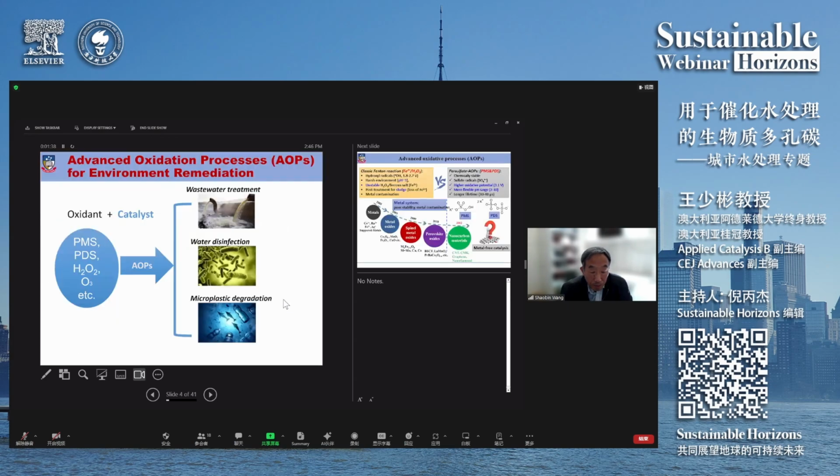Compared to the bio process and the physical separation process, the chemical process is more complicated, but it can remove these contaminants much better than the physical process. And for such a chemical process, the reaction rate generally is very fast.